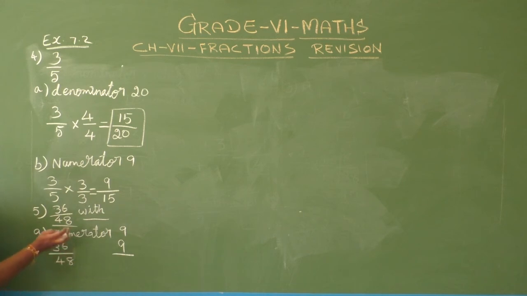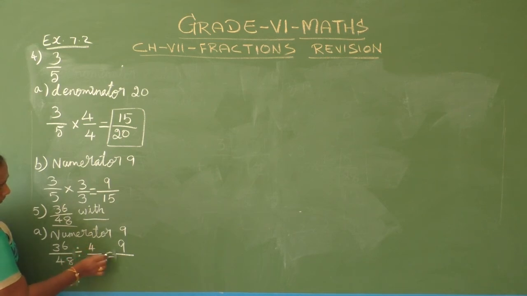And one more thing I already told you: if your left side fraction is greater than your right side fraction, it's a division equivalent fraction. So we are going to divide by the same number. So 9 means how many 9s are 36? 4 times it will come, no? 4 9s are 36. So 4 by 4.